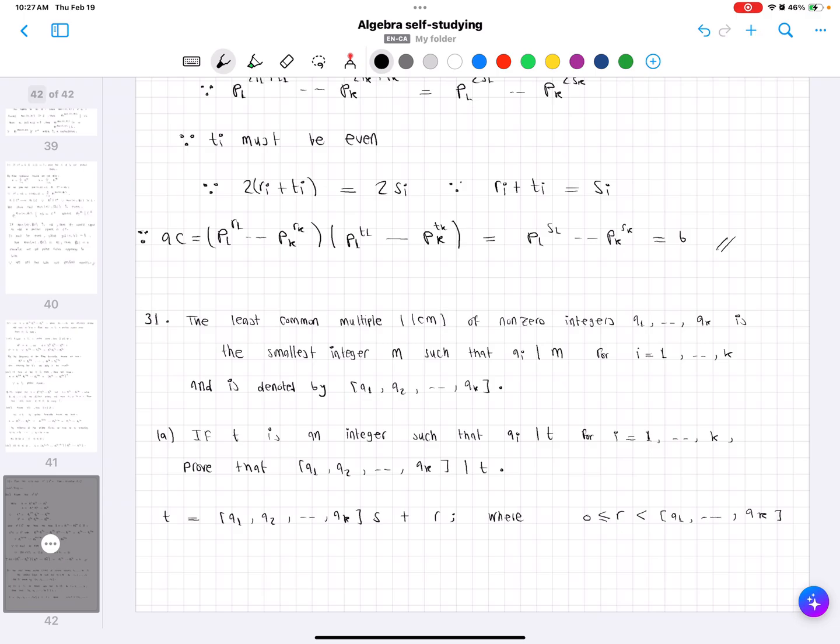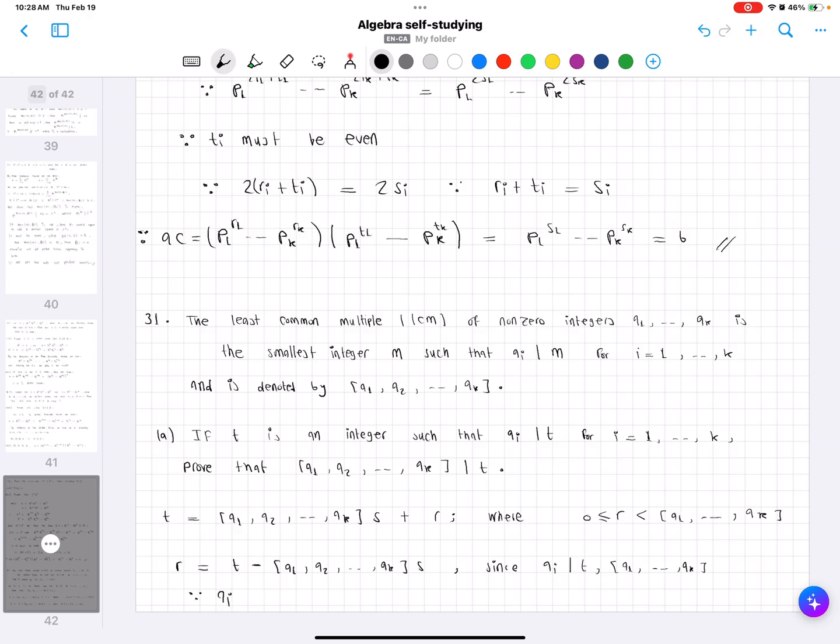So we have that r is equal to t minus [a1, a2, up to ak] times s, and since all the ai divide both t as well as the least common multiple, then it follows that ai divides r.